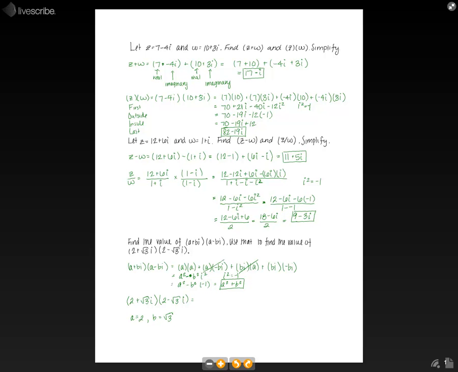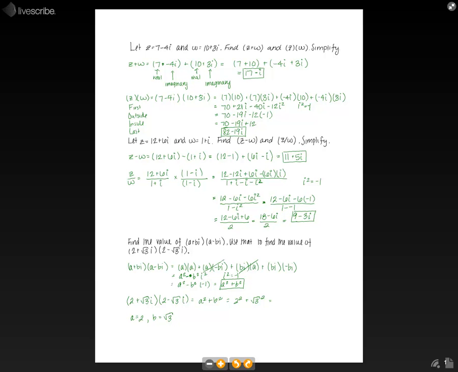So what we want to find is a squared plus b squared, since we know that's what this simplifies to. That's the same as 2 squared plus the square root of 3 squared.